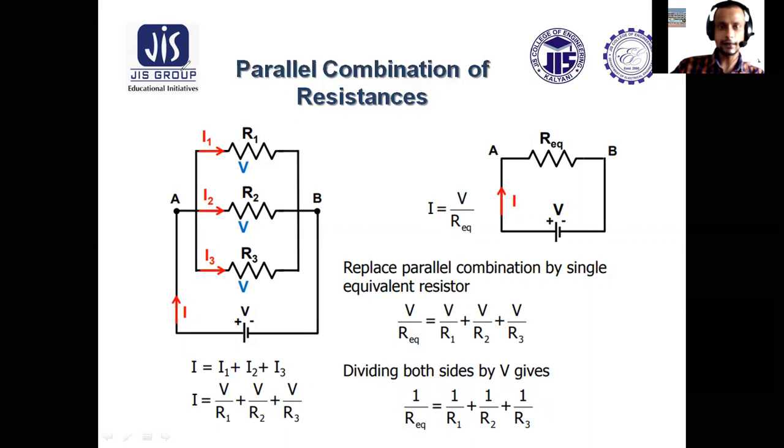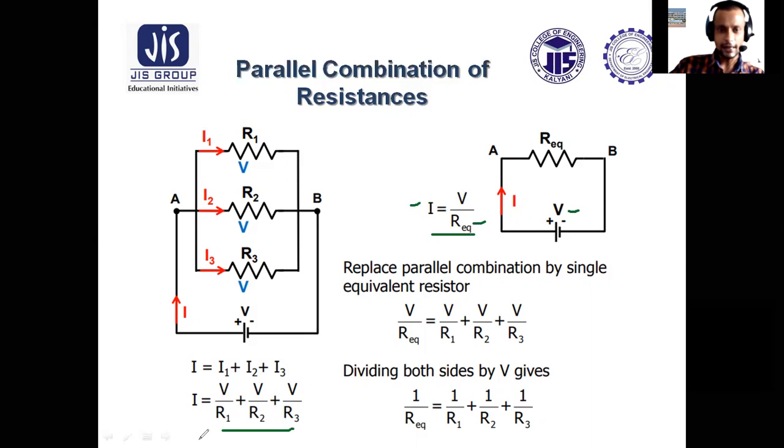How can we get that? As you know, total current I is divided into three currents, I1 plus I2 plus I3. Now I1 equals V by R1, I2 equals V by R2, I3 equals V by R3. So I equals, what can we write? Total voltage, total current and total resistance. So total current equals total voltage by total resistance. Now I equals V by Req.